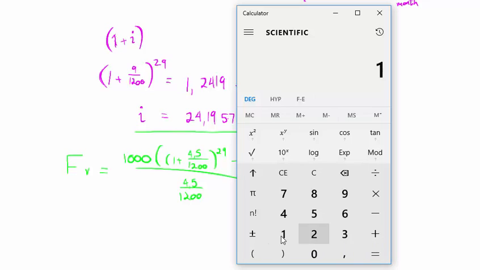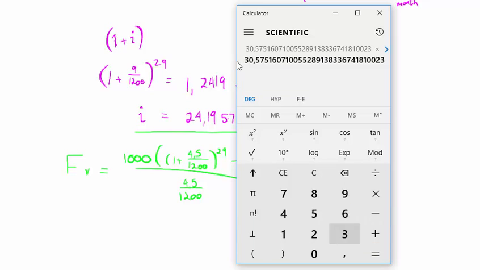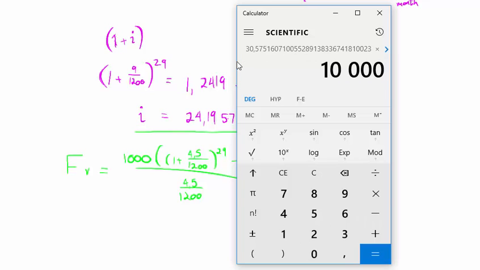No, 1 plus 4.5 over 1200 to the power of 29, minus 1, divided by 4.5 over 1200, times 1000. So you can see, oh, too many zeros.